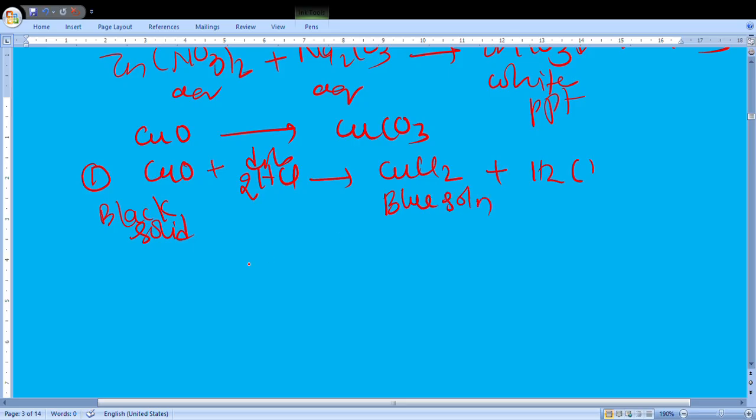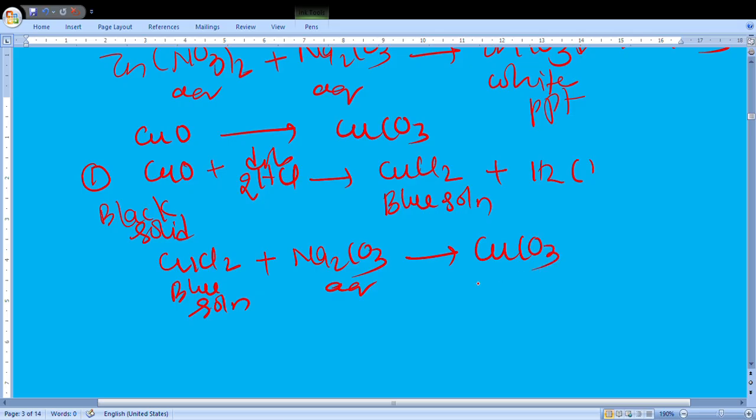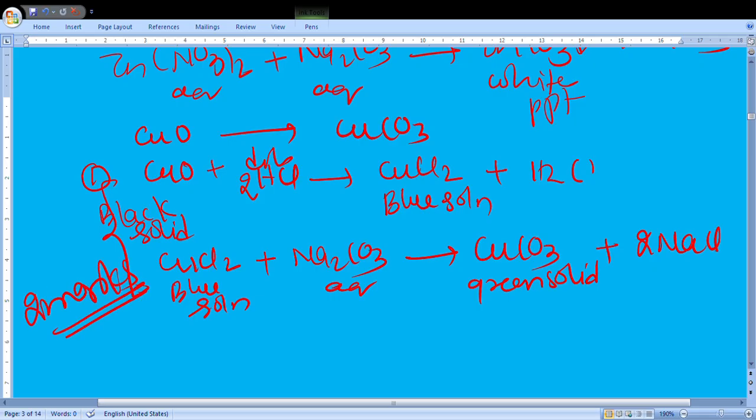This blue solution is now treated with Na2CO3 aqueous to form CuCO3 as a green solid plus 2NaCl. Now this is a 2-mark question, isn't it?